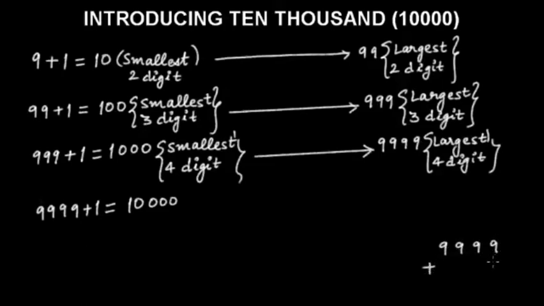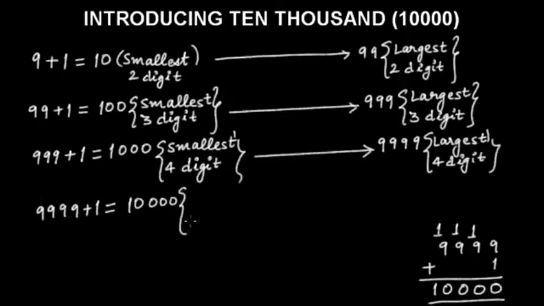If I add 1 to this, 9 plus 1 is equal to 10. So I'll write 0 here. 1 will get carried over here. 9 plus 1 is equal to 10. I'll write 0 here. 1 will get carried over to here. 9 plus 1 is equal to 10. I'll write 0 here. 1 gets carried over to here. Then 9 plus 1 is equal to 10. I'll write 10. So this is 10,000.